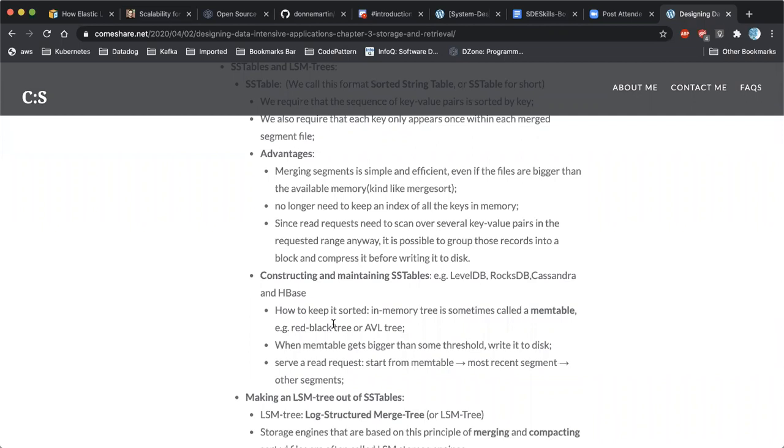While we were maintaining the red-black tree, if our machine crashes, our red-black tree will be lost. So that's why we are maintaining this append-only log. Where is it maintained? It's on disk.